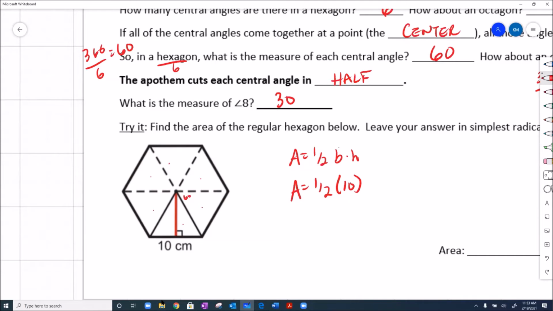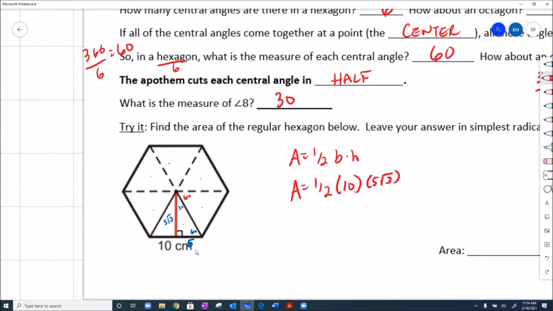I'm going to use blue because that line is red. This angle 60, we can split into a 30-60-90 triangle. If this whole side is 10, then here should be 5. And what we want to find now is our height in a 30-60-90 triangle. This would be 5 radical 3. So we found our height to be 5 radical 3.